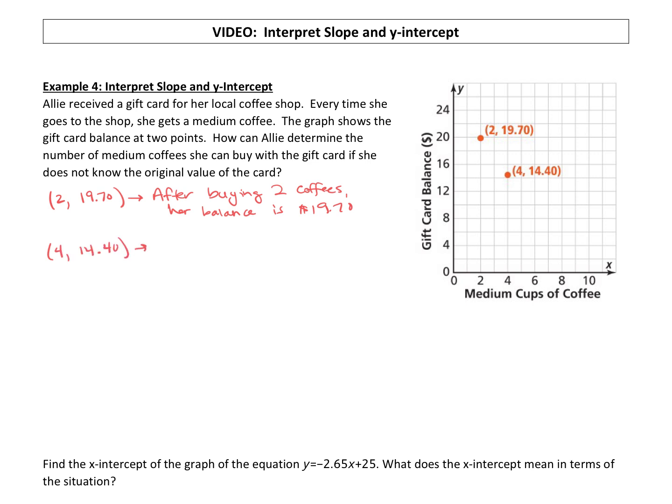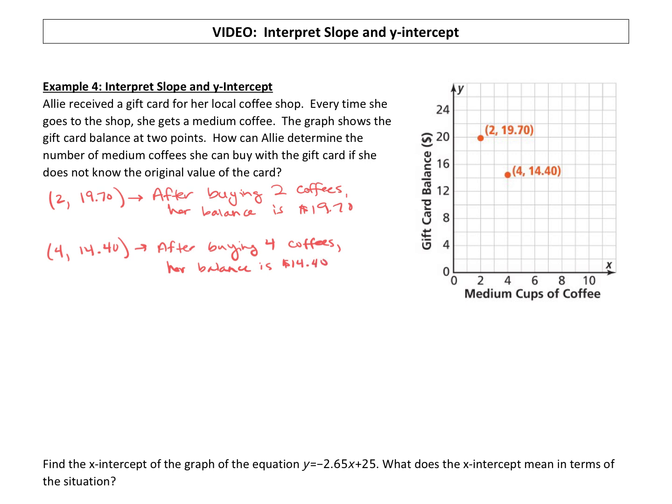Same idea. What does this mean? This means that after buying 4 coffees, she has $14.40 left on the card. So her balance is $14.40.